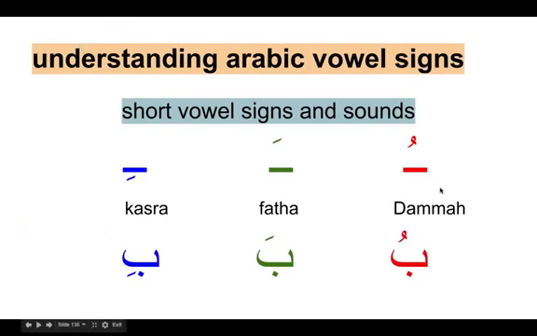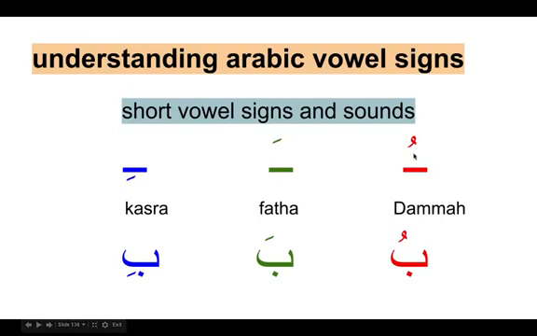These signs, we have what is called as a sign of Dhamma, Fatha and Kasra. These are called short vowel signs and they're short sounds. For example, if it is written in a word, it is pronounced as bu, like a short burst, ba, bi.